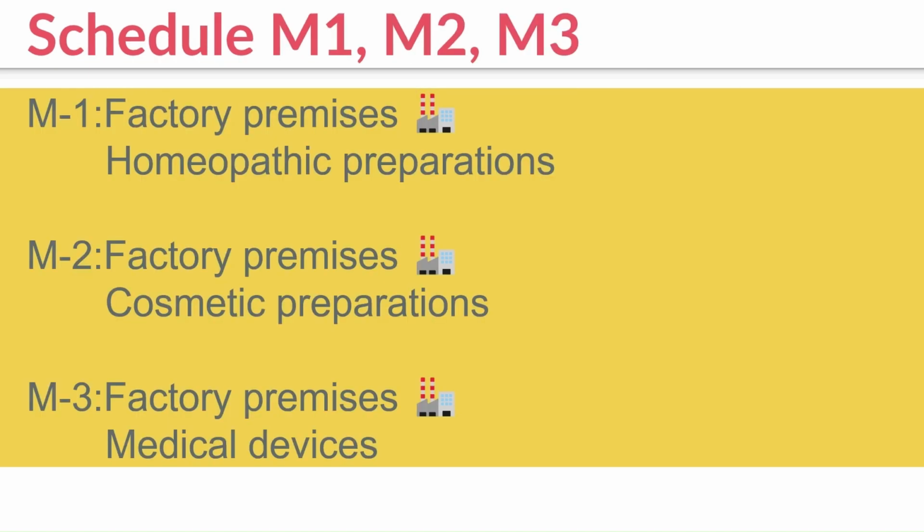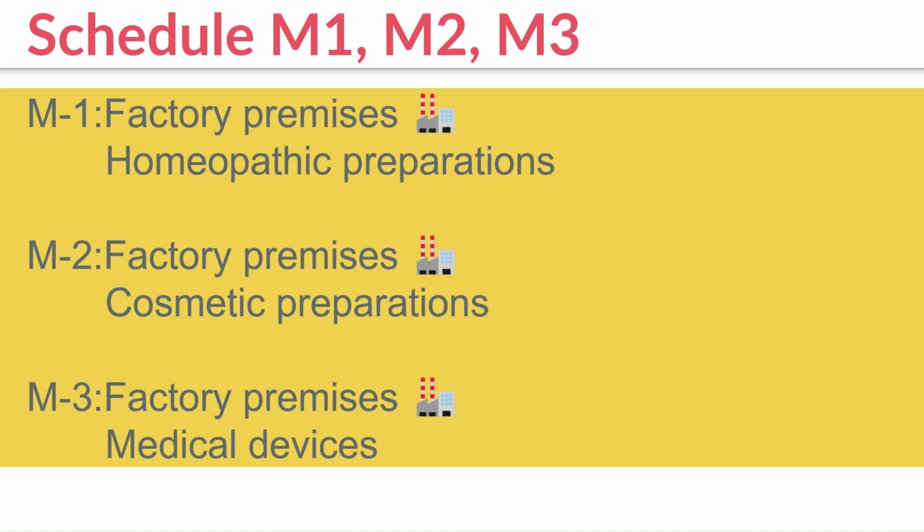Schedule M1, M2 and M3 are good manufacturing practices meant for homeopathic preparations, cosmetic preparations and medical devices respectively.